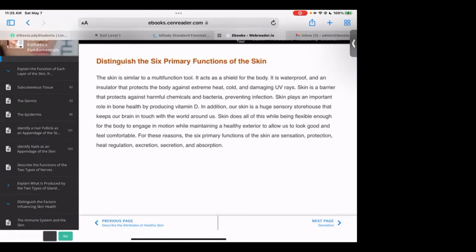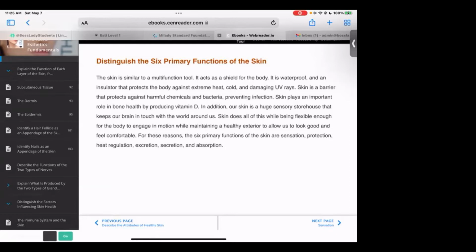So when a client comes in with a problem, as an esthetician, your tools are the products and the types of services that you use. Products meaning the ingredients in the products that you have available to you. Different ingredients are going to benefit the skin in different ways. But you also have different treatment types.